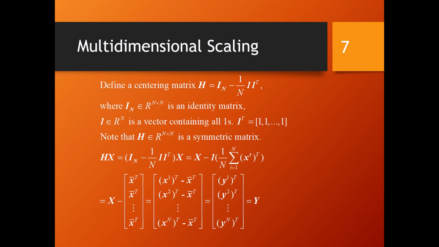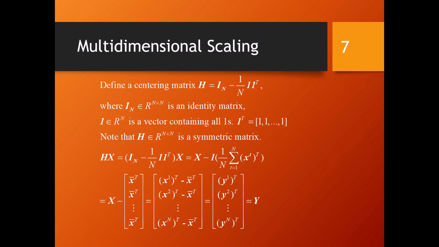If you want, you can follow this, or you can follow the equation in the textbook. It's up to you. So I design an H matrix, which is this, and this one is a column vector containing all ones, or probably n ones.